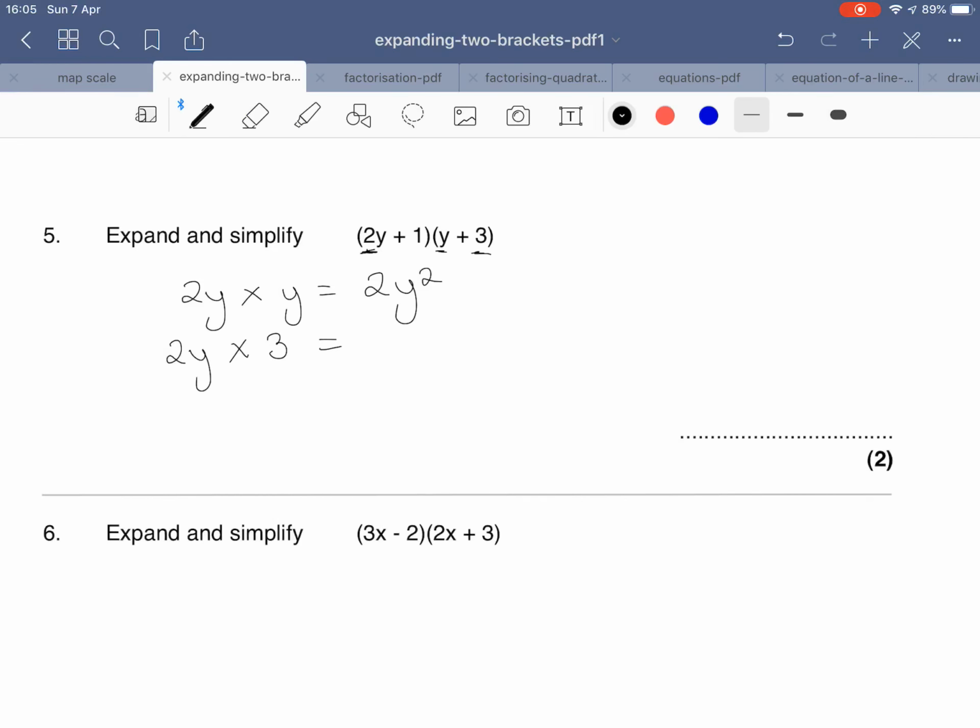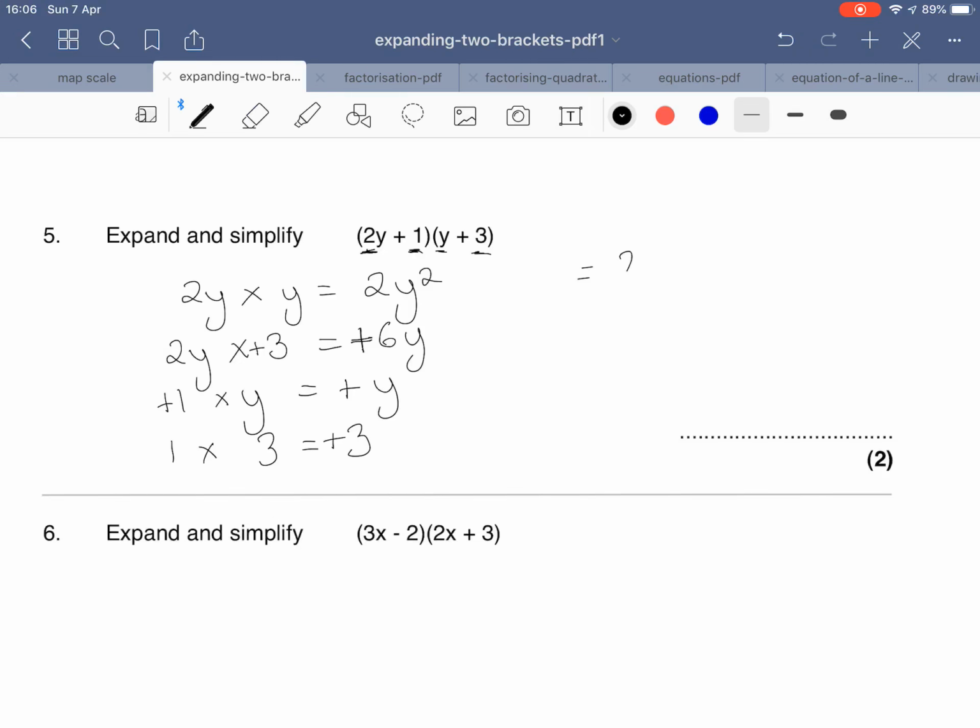2y times 3. So do your 2, there's a positive 3 as well. Do your 2 times 3, which is 6. And put the y on the end, and because it was a positive we put a plus. Now I'm going to do the inside one, so plus 1 times y gives me plus y, 1y. We don't write our ones normally. 1 times our 3, and they're both positive, so our answer is going to be positive, which is just 3.